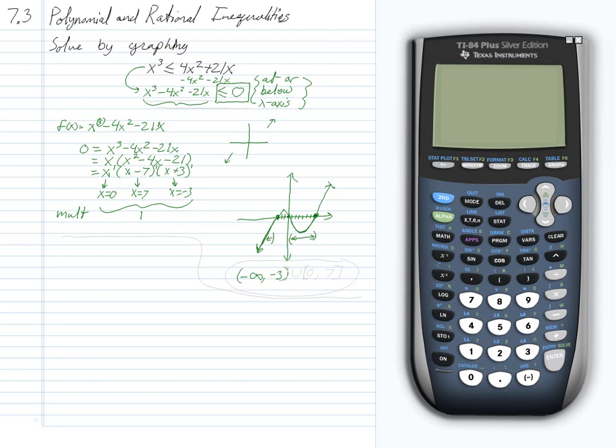The stuff between negative 3 and 0 doesn't work. Oh, and I need a bracket there because negative 3 is satisfactory. It works in our inequality because at negative 3 our polynomial is 0 and 0 is okay. So I need a bracket for 0 and a bracket for 7.